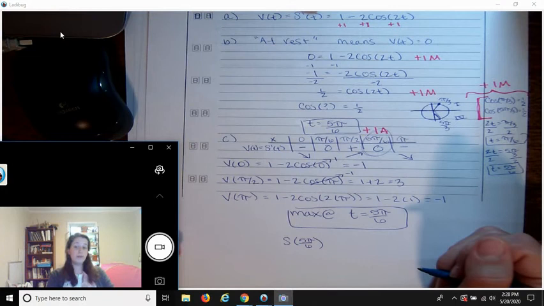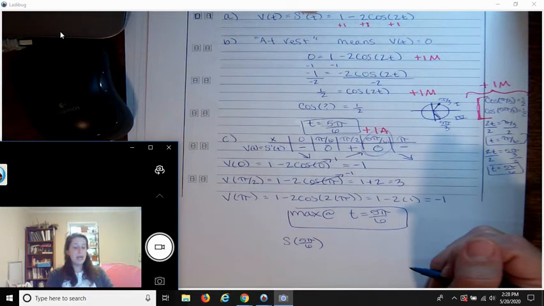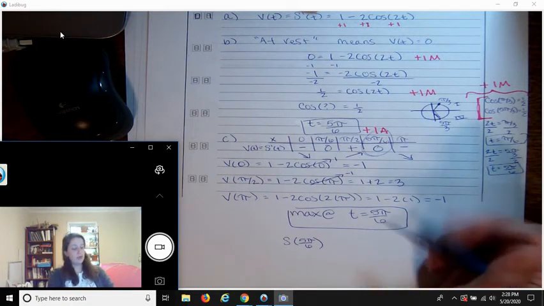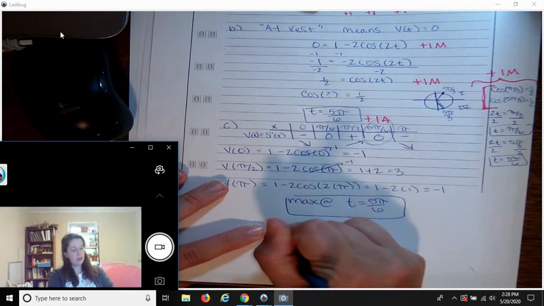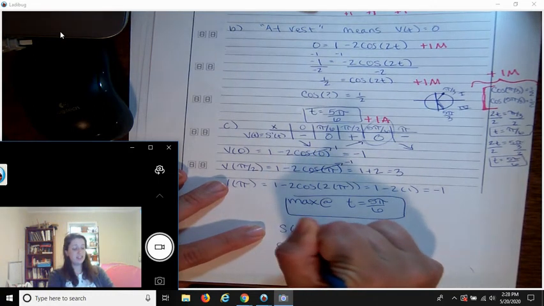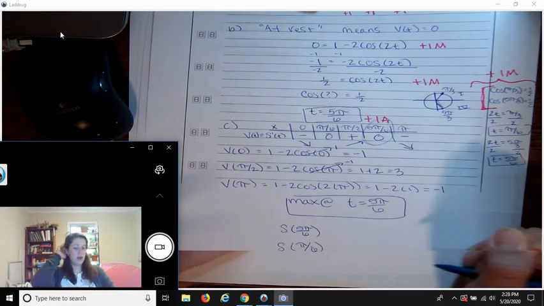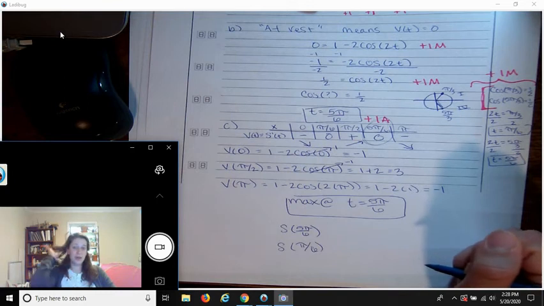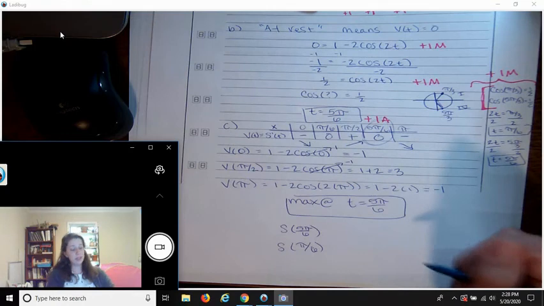You could have used that as a method to see which one is bigger. You could have tested both 5 pi over 6 and pi over 6 in the s function, solved for each, and seen which was bigger to find the maximum. That would be fine. That would be a justification.